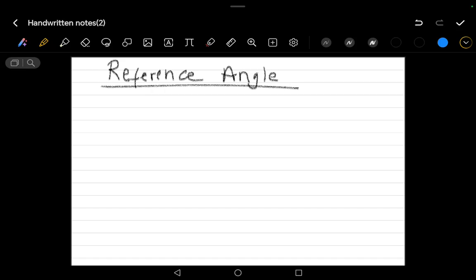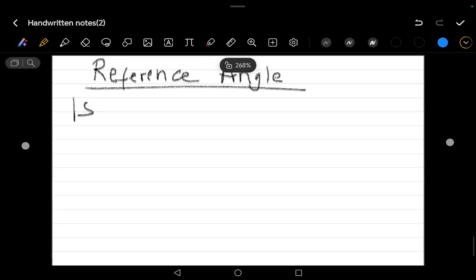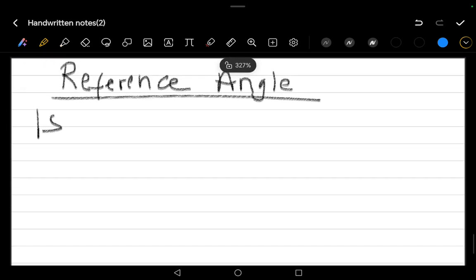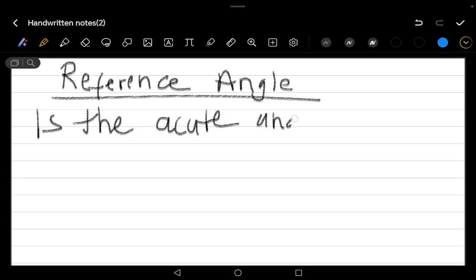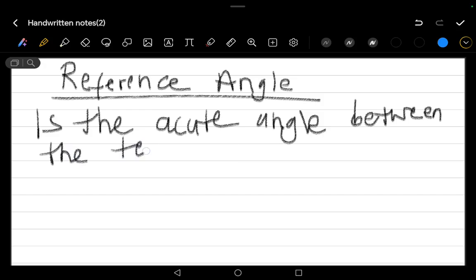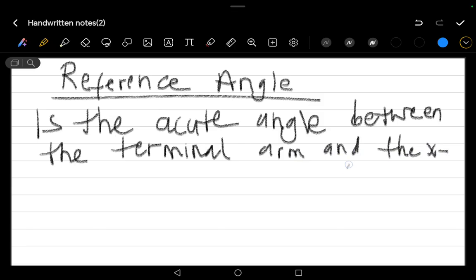Okay, you can also say that reference angle is the acute angle between the terminal arm and the x-axis.